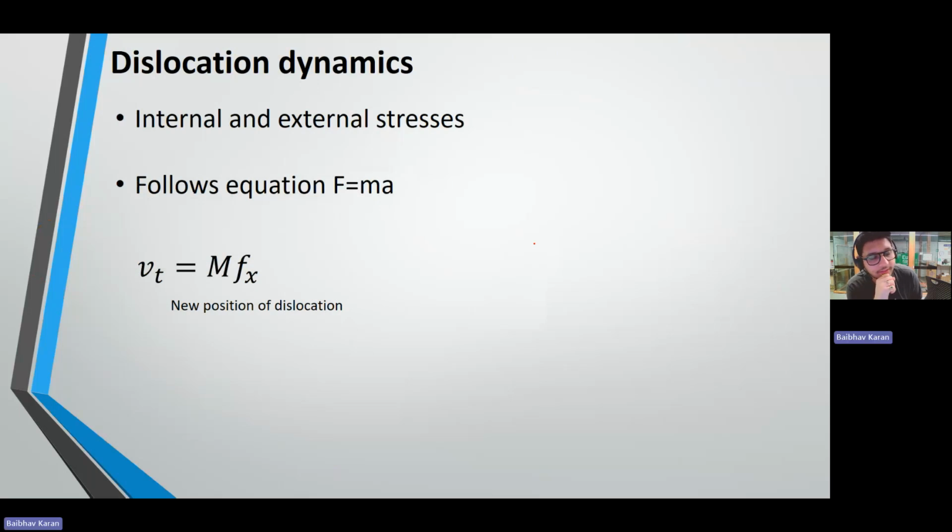Then we found that at a new position of dislocation, the velocity is given by m F to the power x, where F is the force applied and m is a constant. And from this velocity, we can know the position of the dislocation, initial minus final, by time, by speed. From this velocity, we can find out the distance moved, how it has moved within which frame of time.